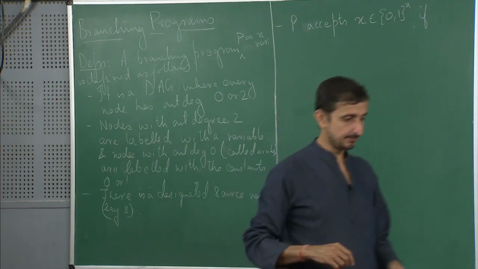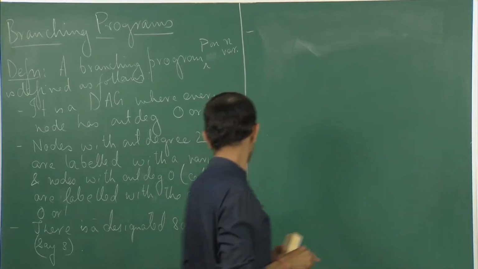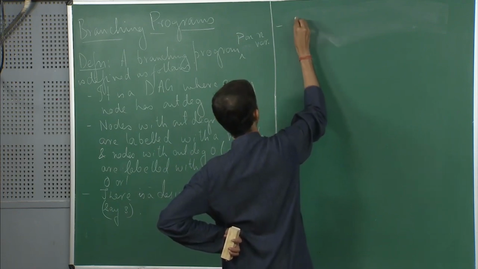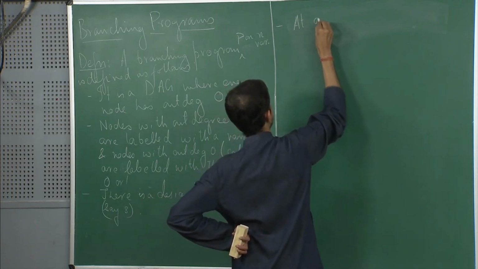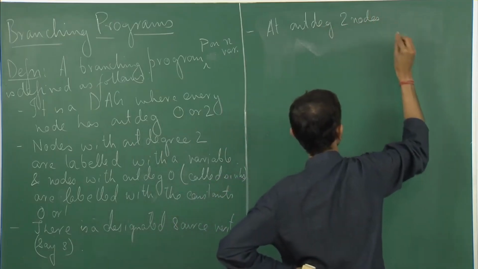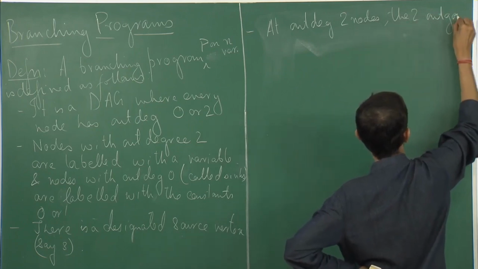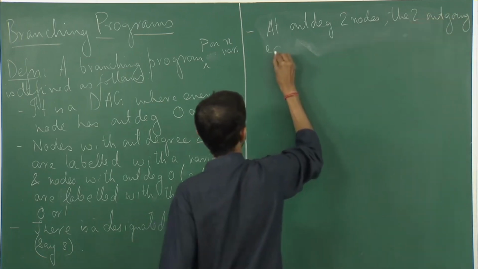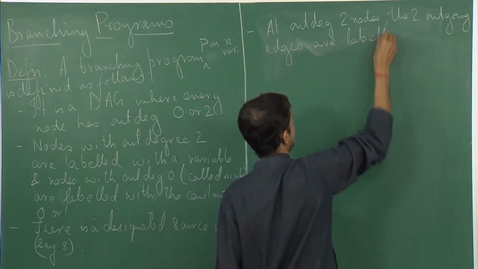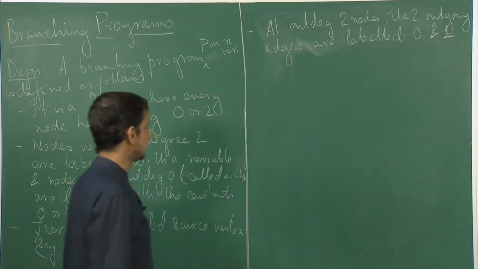Before I say this, maybe I have to say one more thing. At out degree 2 nodes, the two outgoing edges are labeled 0 and 1. Okay, so this is the labeling.